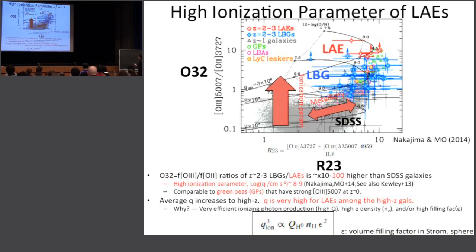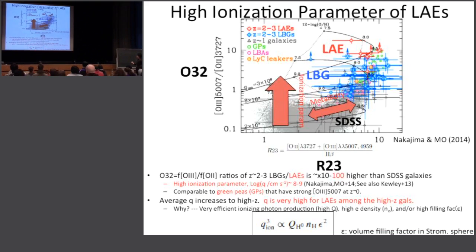So the question is, why do Lyman-alpha emitters have such a large ionization parameter? What's the physical origin? If you look at the ionization parameter in a different form, then you get this.